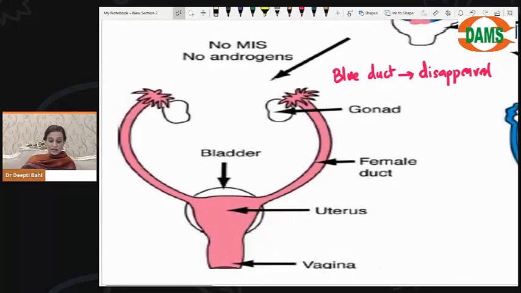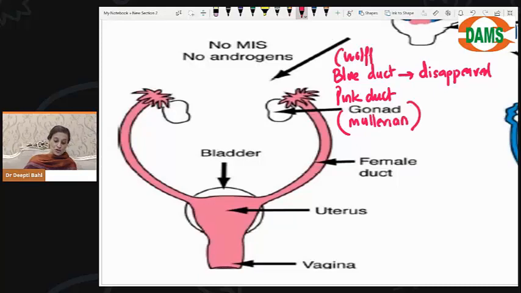And as you can obviously see, the pink duct, which is the Mullerian duct, the blue was Wolffian. The pink duct is persisting, right? So the pink duct is persisting. The blue duct has disappeared.